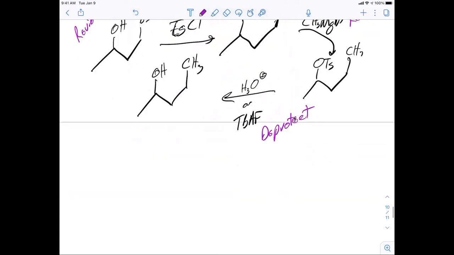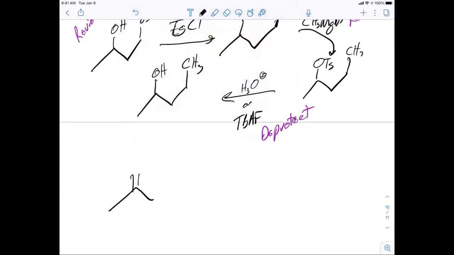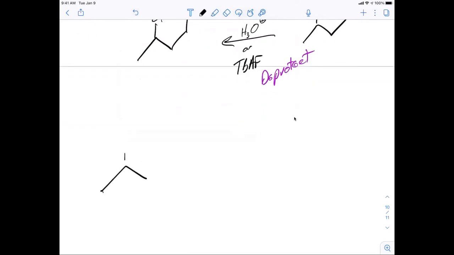For ketones, we can do a similar thing because now we have this hemiacetal, we have this acetal ketal formation. So I can take a ketone or an aldehyde, I can react it with an alcohol.